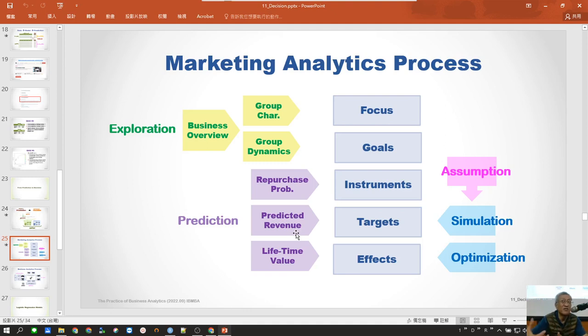Every marketing instrument has a cost, and with that cost, you wish that you can raise the probability or raise the amount. But so far, we do not have the data of the instrument yet, so we make some assumptions. So after we do the prediction, we will use some assumptions on the marketing instrument, and then together the assumptions and prediction will make the simulation, and then we'll choose our optimum action.